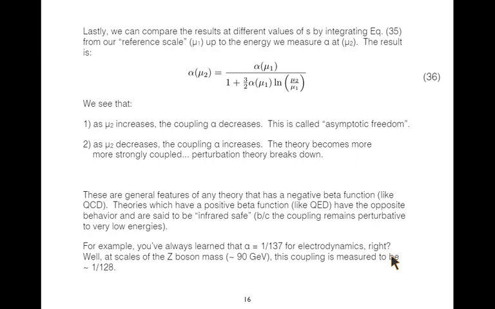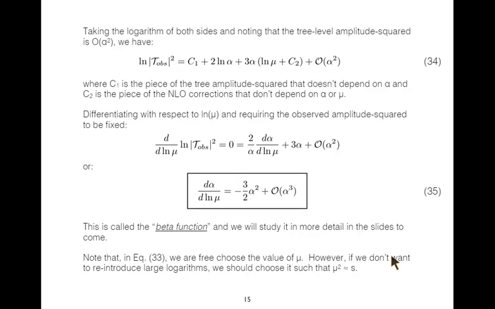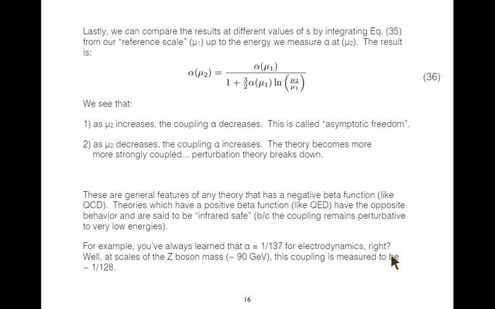But this is exactly what happens in QCD, and explains why things bind into pions and protons and neutrons and all that stuff. Because the coupling is so large that you can never separate out those quarks and gluons that are inside of it. We'll see when we do QED that the beta function there is positive, and that translates into the opposite behavior.